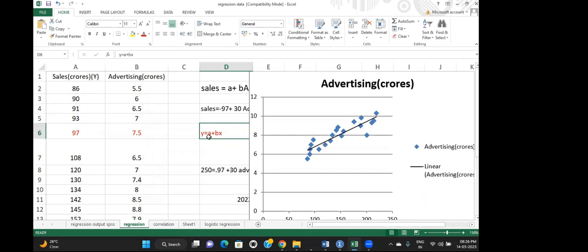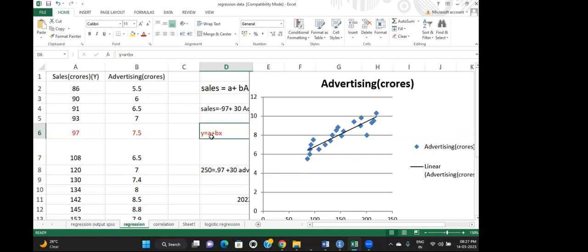Now what is A? This A is the point where, if you extend this line further and it touches the y-axis, that point is called A, and A is called the intercept.